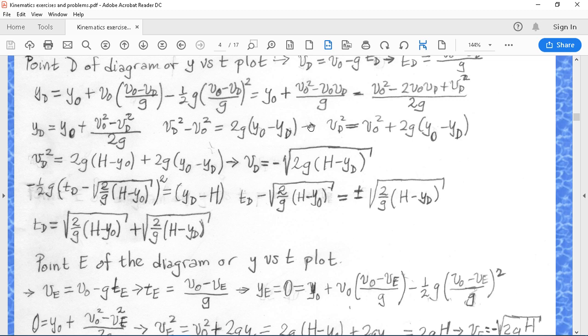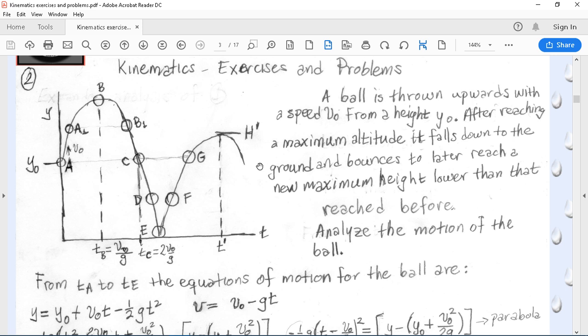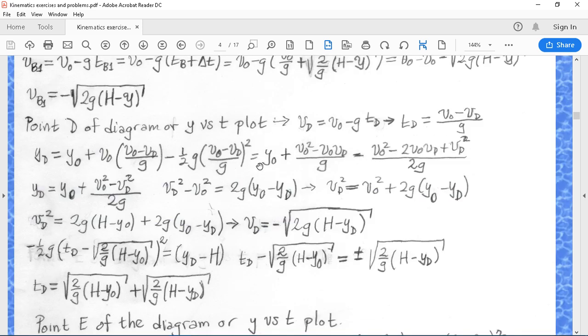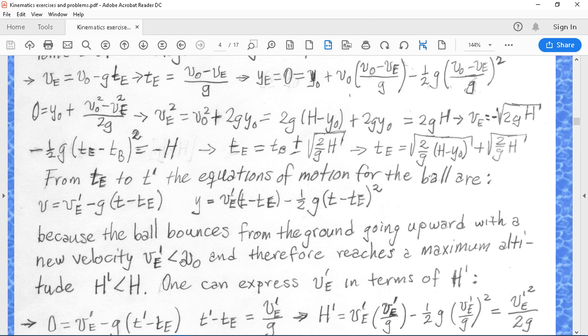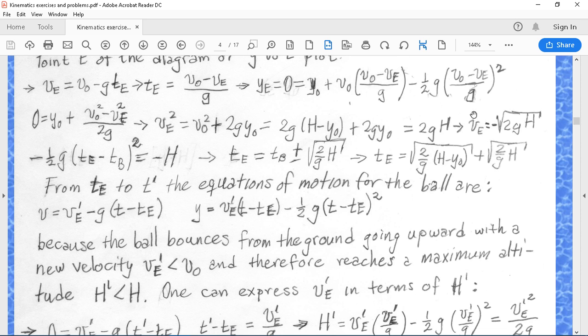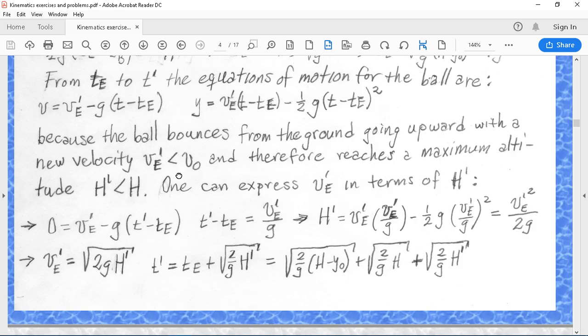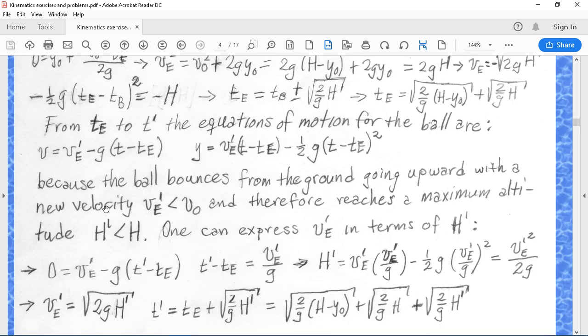Since h prime is less than h, then we can assume that ve prime is less than ve. So it will be less than square root of 2gh. Okay, so y equals then ve prime times t minus te minus 1/2 of g times t minus te squared.